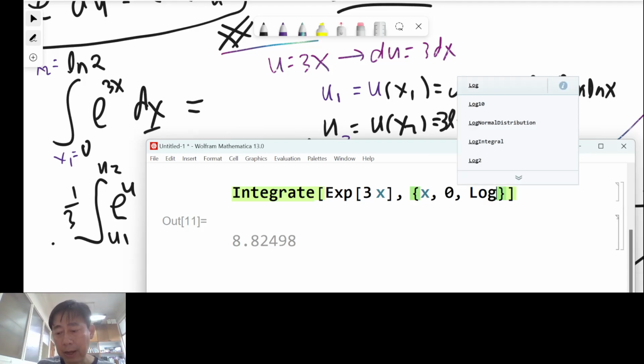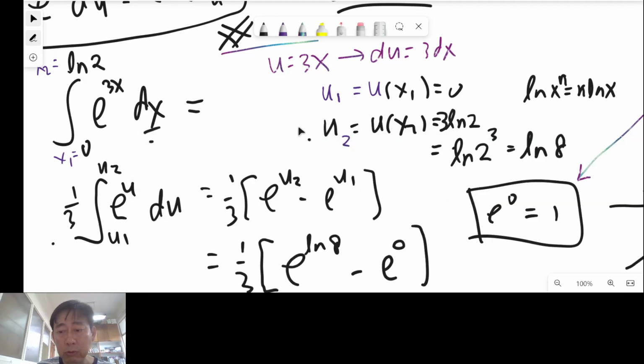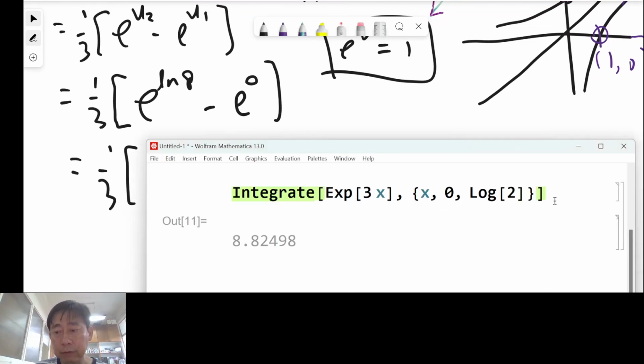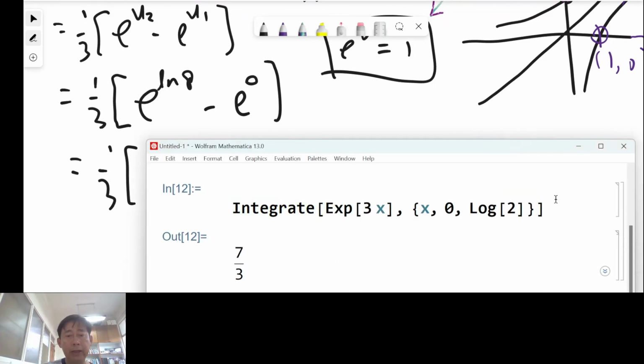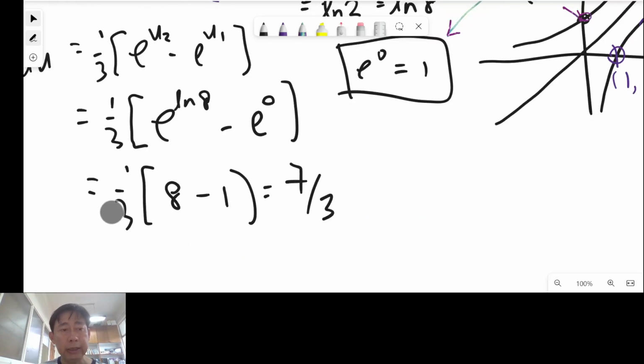In Mathematica, log of 2 is written as Log[2], and when I press shift enter, I expect a number which should be equal to 7 over 3. So do I get 7 over 3? Yes, I do get 7 over 3. That means the answer for my integration is correct.